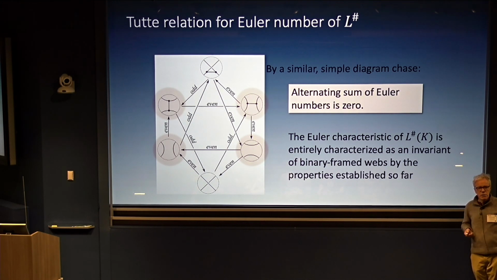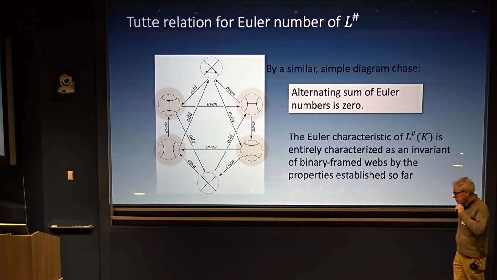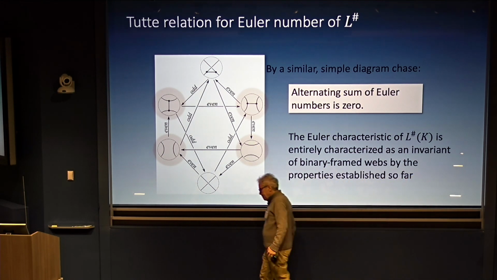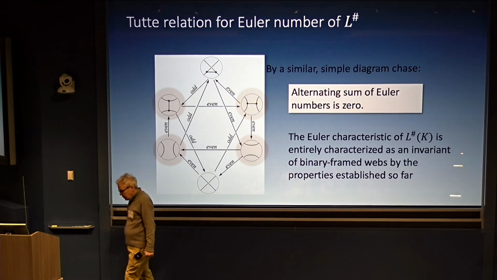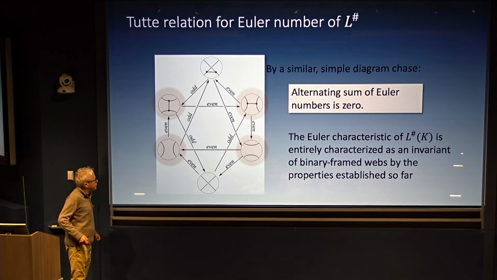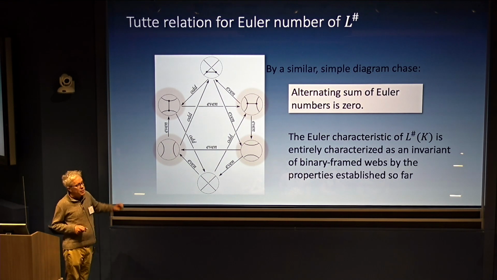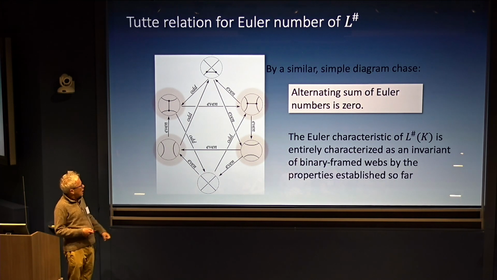It's the Tait relation for the number of Tait colorings of a graph. So that Tait relation is one way to prove the result stated earlier, that for planar graphs, the Euler number just comes out to be the number of Tait colorings. I'm going to return to that, but with a different argument.